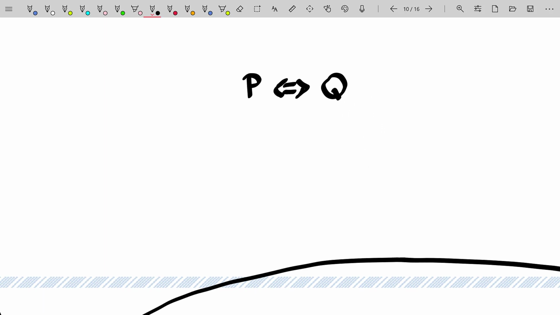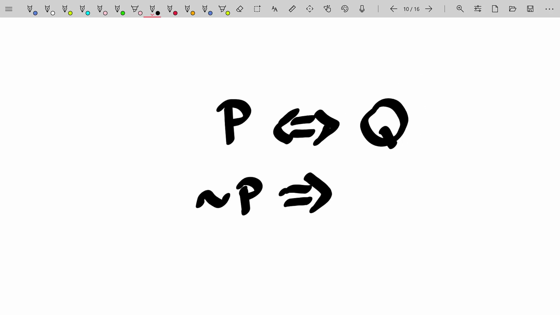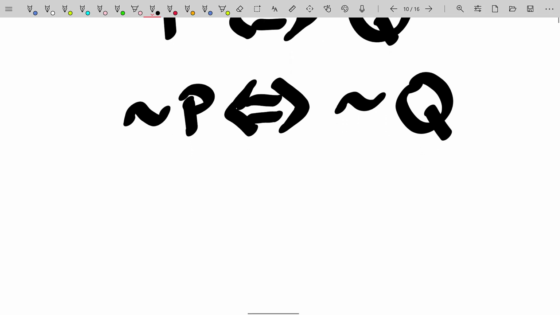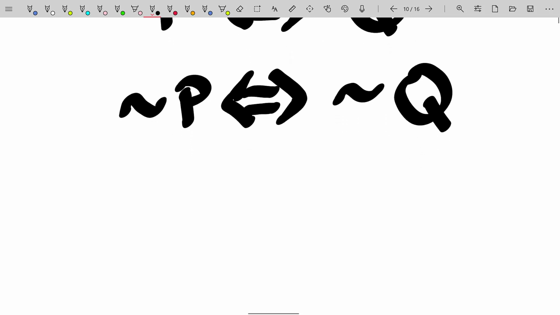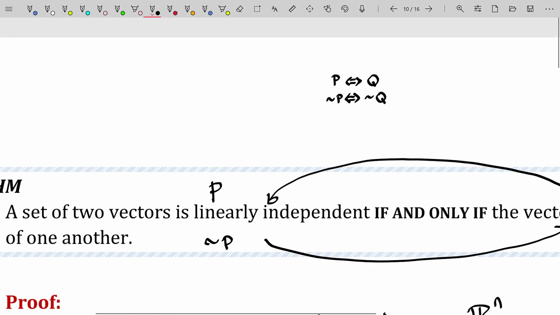But we know that every theorem that we're handed, its contrapositive is also a theorem that is true. Well, the contrapositive of a bijection like this is actually this guy right here. If not P is true, then not Q is true. And if not Q is true, then not P is true. So that's the contrapositive of a bijection.